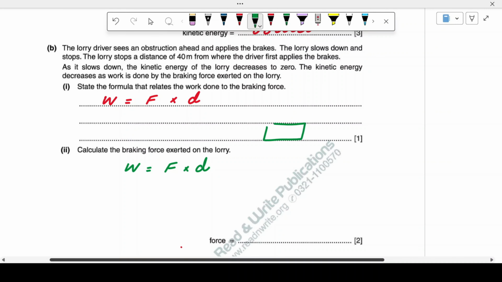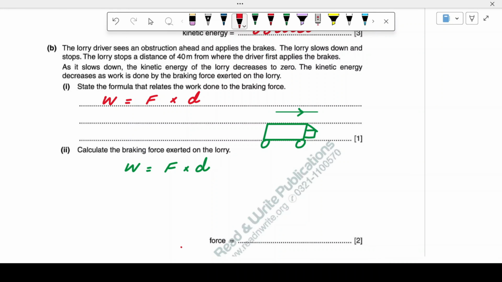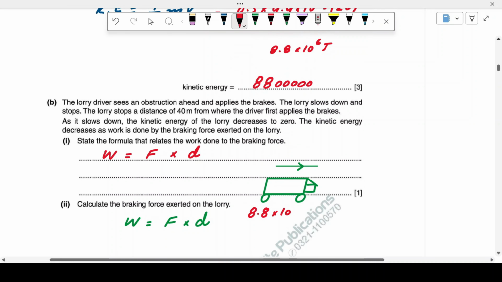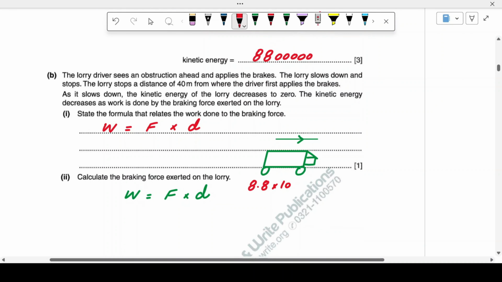So think about it this way. This is a vehicle, and it's moving forward. How much kinetic energy is being possessed by this vehicle? 8.8 into 10 raised to the power, how much was that? 10 raised to the power 6. 8.8 into 10 to the power 6 joules of kinetic energy is being possessed by this vehicle.